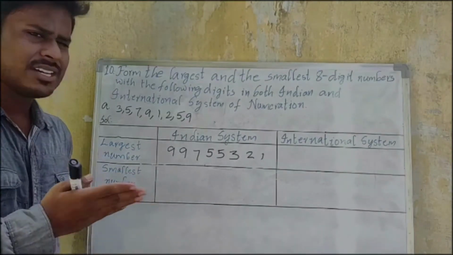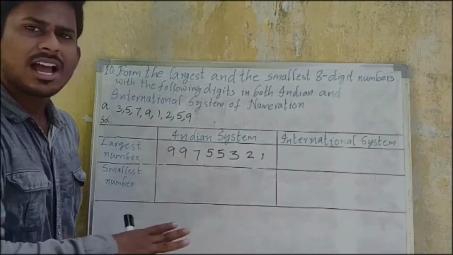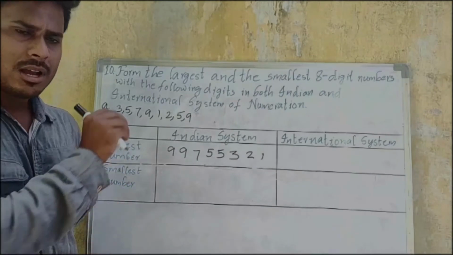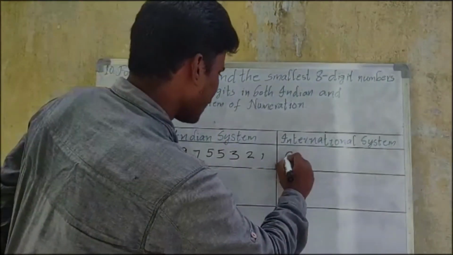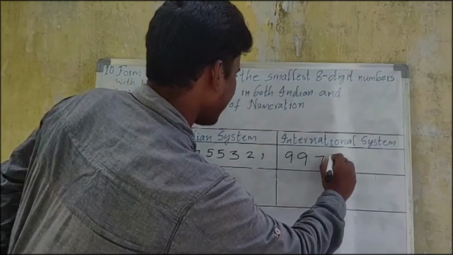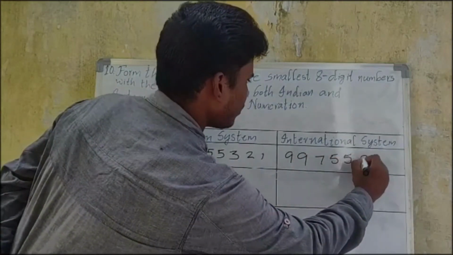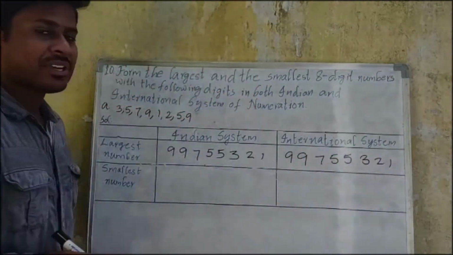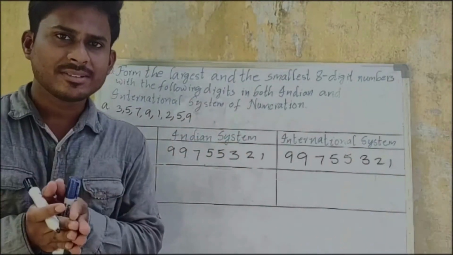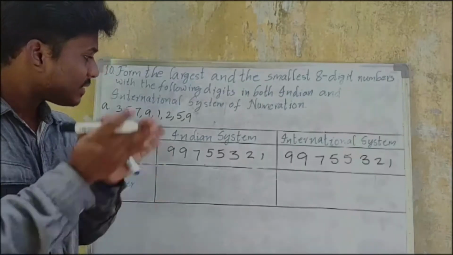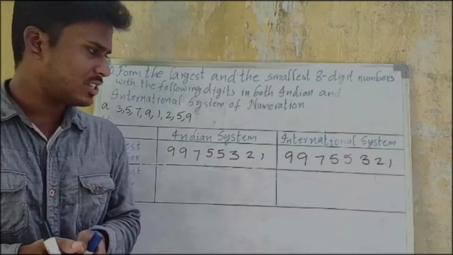Now see, whether it is the Indian system or the international system, the digits arrangement will be the same. Largest digit to smallest digit. So let us copy the same digits here: 9 9 7 5 5 3 2 1. The difference in the Indian and international systems is only that we have to insert commas based on the systems of numeration.